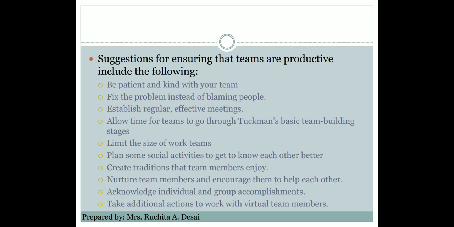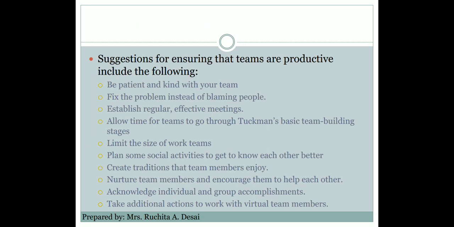Next, don't expect teams to work at the highest performance level right away. Give them some time so that they can go through Tuckman's team building model, through the stages of forming, then storming.